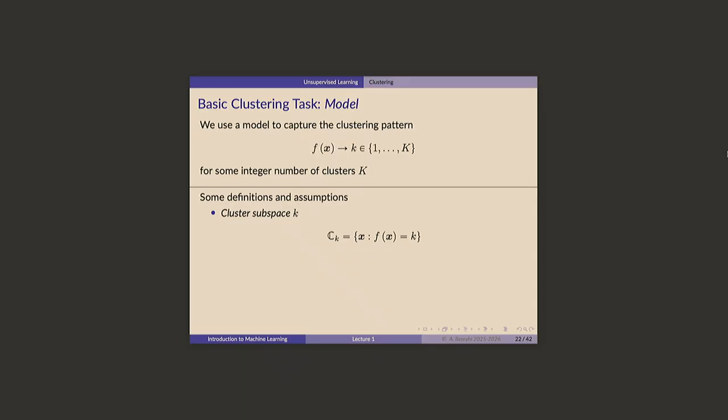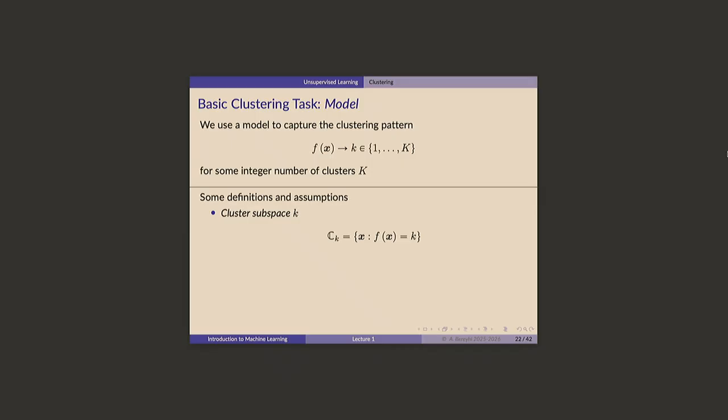And now, every single x, when it goes to that function, is going to get into one cluster, right? It belongs to one cluster. Now, if I take every single point in this space, each of them has its own cluster, right? So there are a bunch of points, for example, here. They all belong to the first cluster, cluster 1.